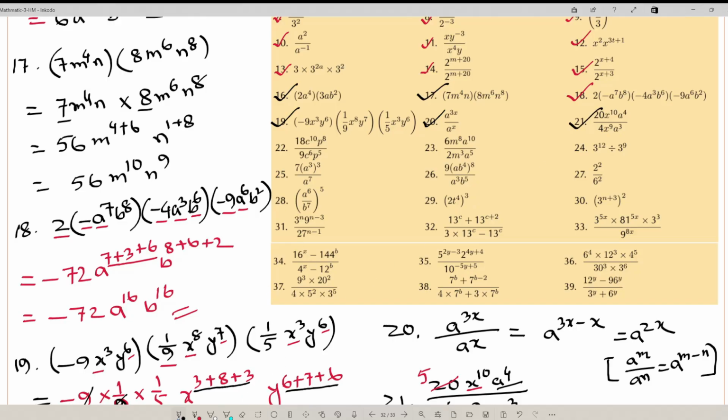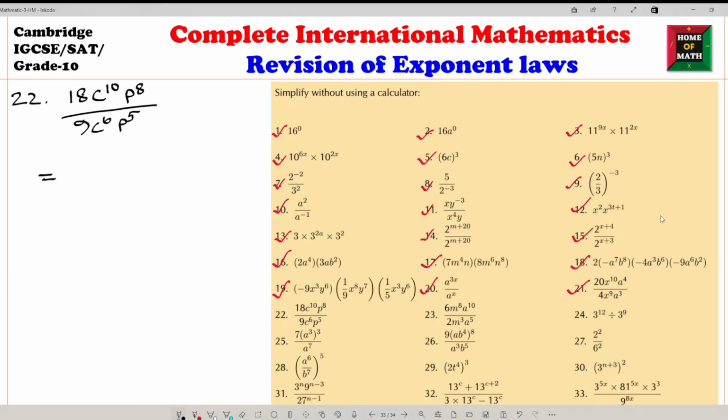Let's start number 22. Here is 18c to the power 10 p to the power 8 over 9 c to the power 6 p to the power 5. So first we will divide numerator and denominator by 9. So 18 divide 9 means 2, and this 9 goes out.